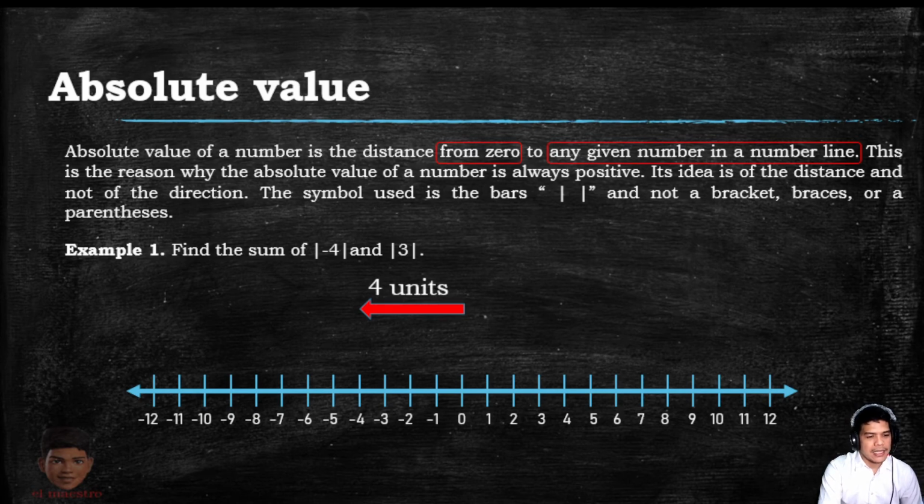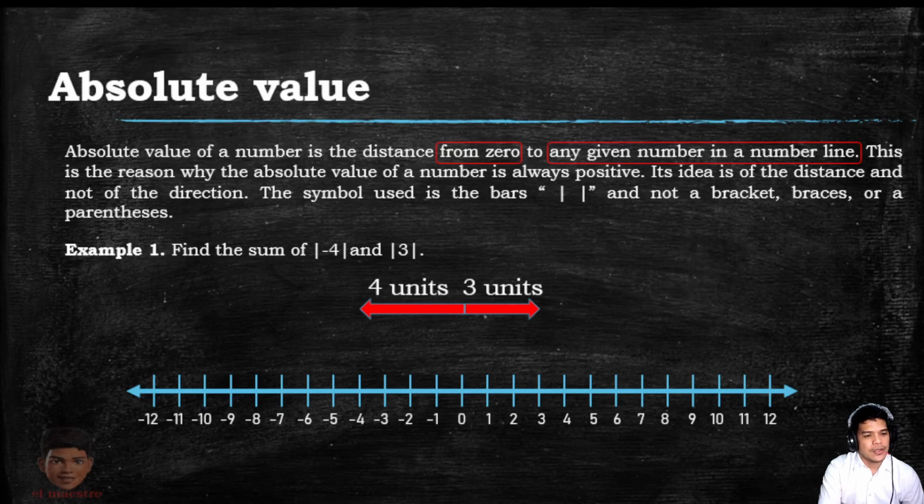So, meaning, the absolute value of negative 4 is 4. Okay? So, that is from 0 again. We have to find the absolute value of 3. So, from 0 to 3, that is 3 units. So, now we know what's the absolute value of negative 4 and what's the absolute value of 3.